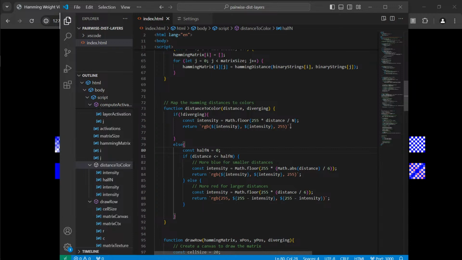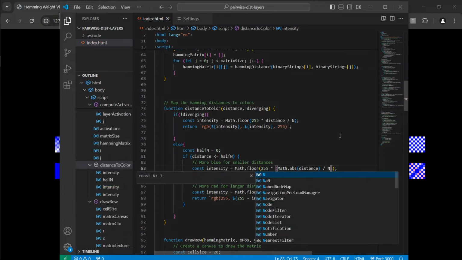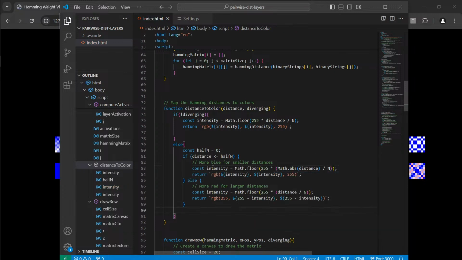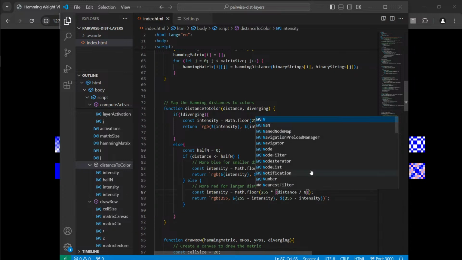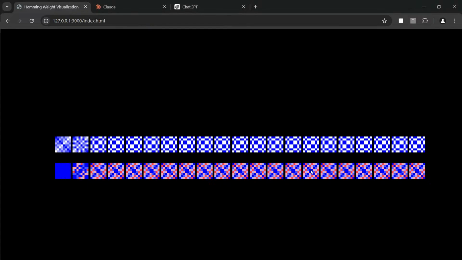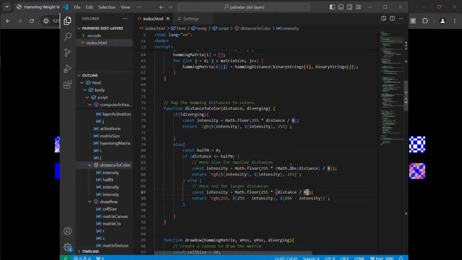And so yeah, then you take the absolute value, and then it's just n. This is n. Okay.